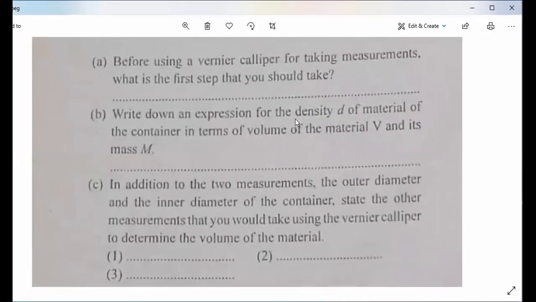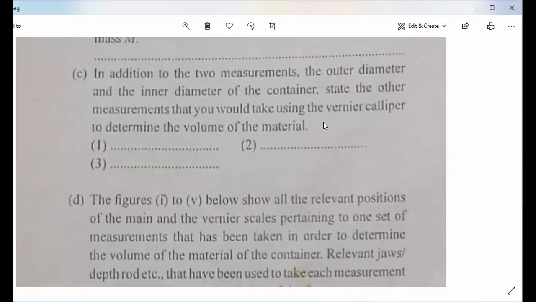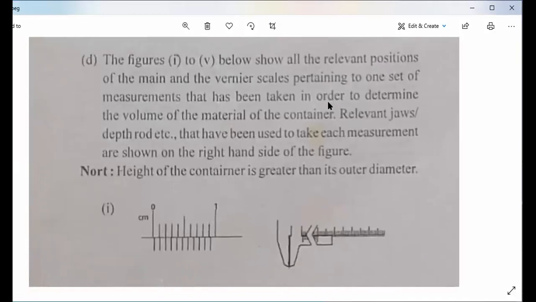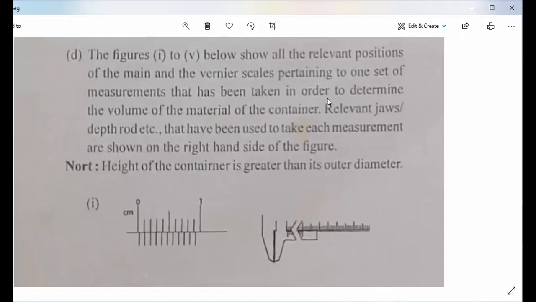A complete, B complete, C complete, D. The figures Roman number 1 to Roman number 5 below show all the relevant positions of the main scale and vernier scale pertaining to one set of measurements that has to be taken in order to determine the volume of the material of the container.